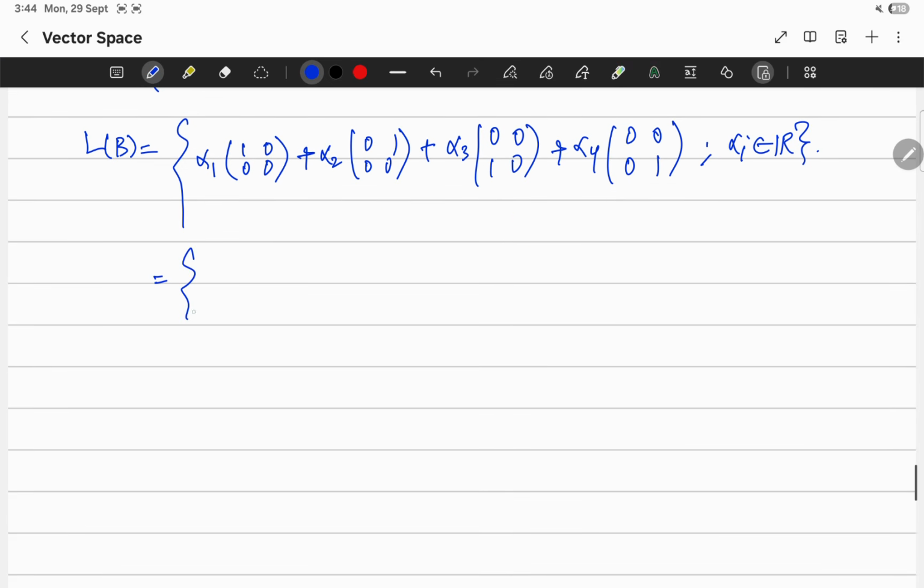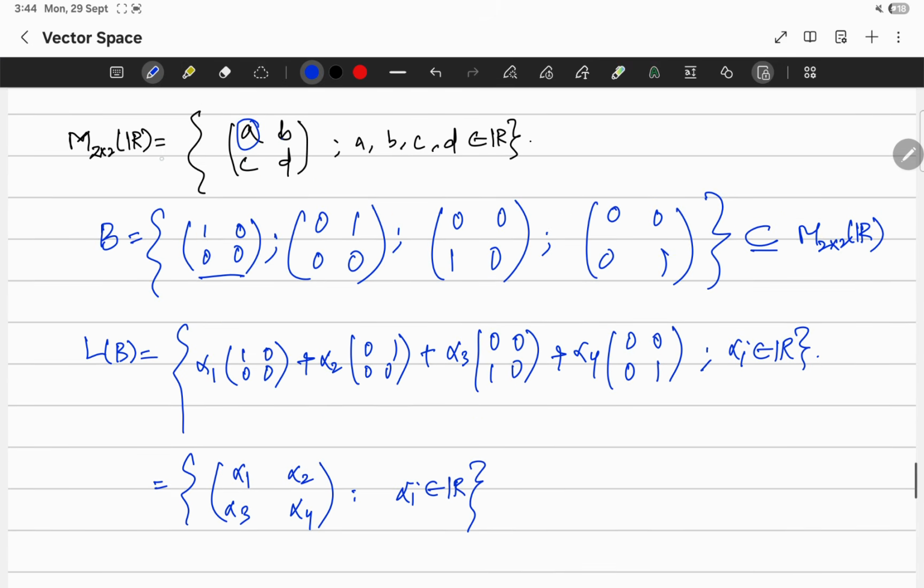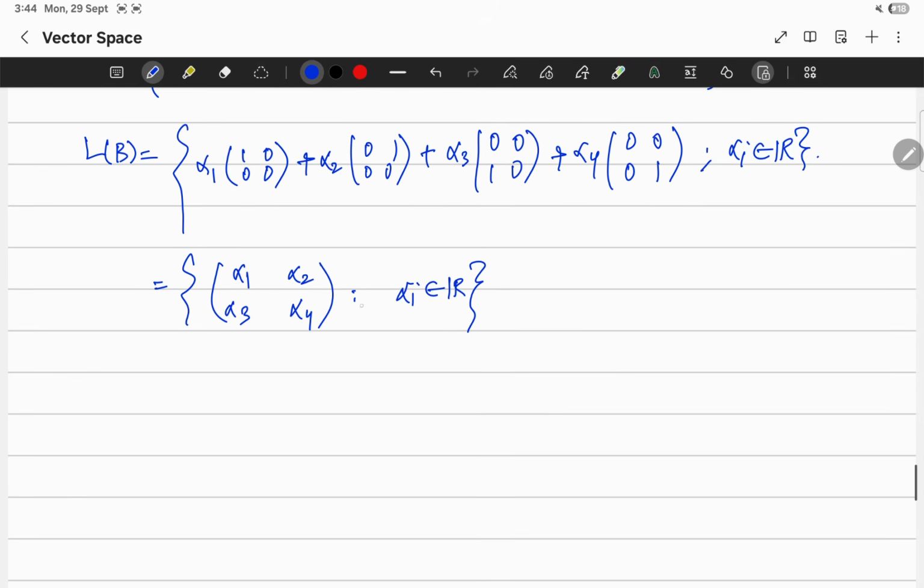So it will give you [alpha 1 alpha 2; alpha 3 alpha 4], and all the alphas are from the real line. You can check your set is the set of 2 cross 2 matrices whose entries are real. Here you are getting again the same set whose entries are from the reals. So it is equal to your M2 cross 2 over R. So it spans your whole set.